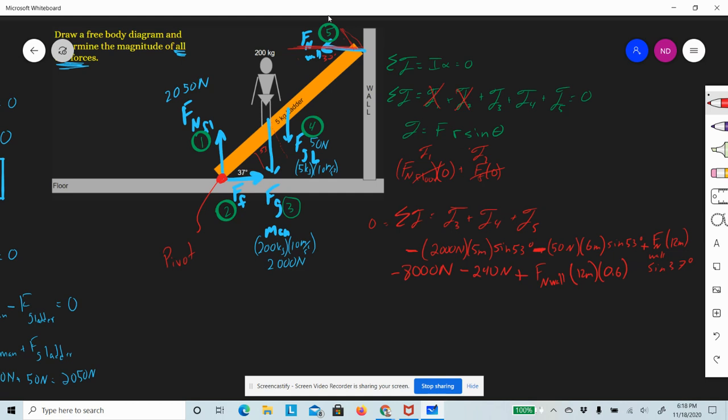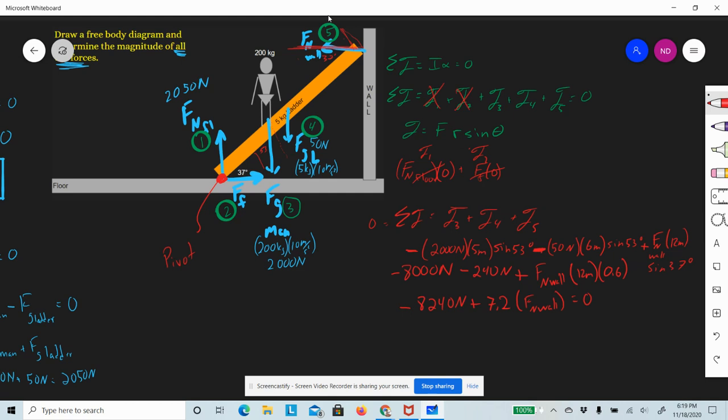So 12 times 0.6 is 7.2. So we get negative 8,240 newtons plus 7.2 times the normal force from the wall. All of that equals 0.